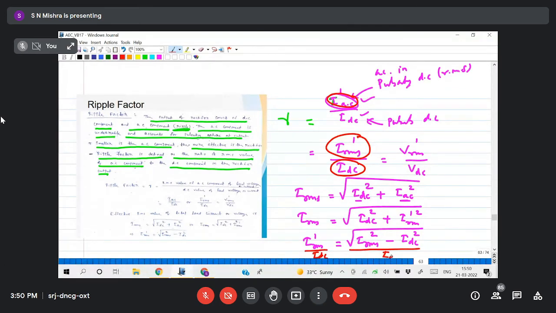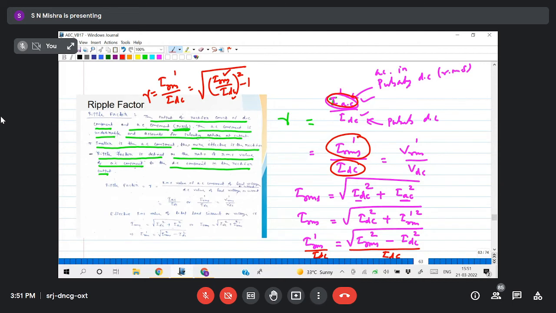What will we get? IRMS dash divided by IDC, that is gamma, equals the square root of (IRMS by IDC) whole square minus 1. So this is for AC, this is for DC, and this is my requirement. This is the generalized formula.